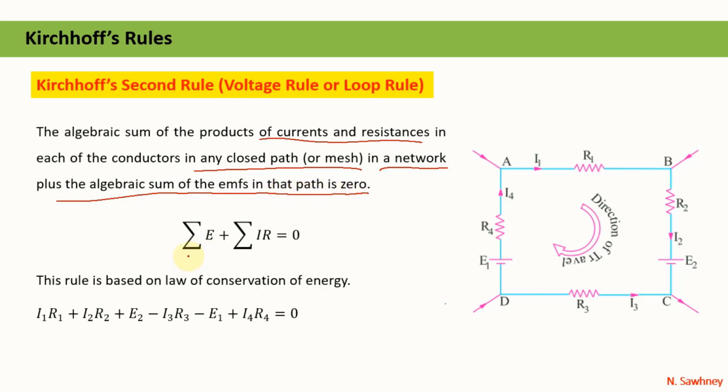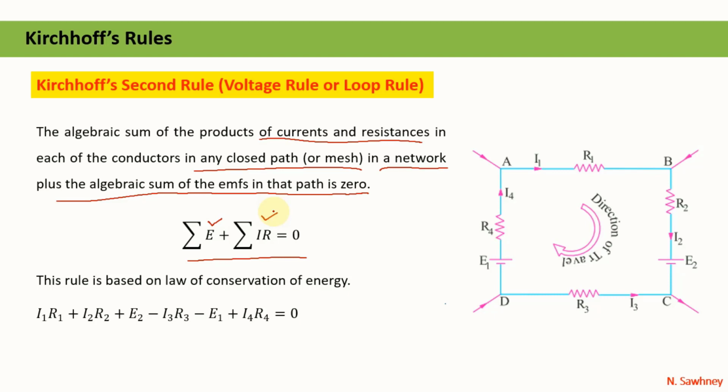See here, the same I have written mathematically, that is the sum of all EMFs plus the sum of the products of the current and resistances should be equal to 0.